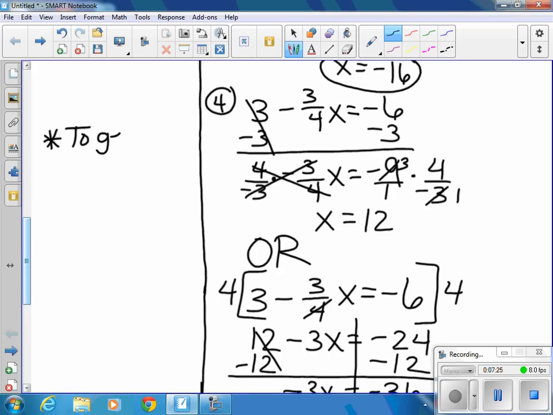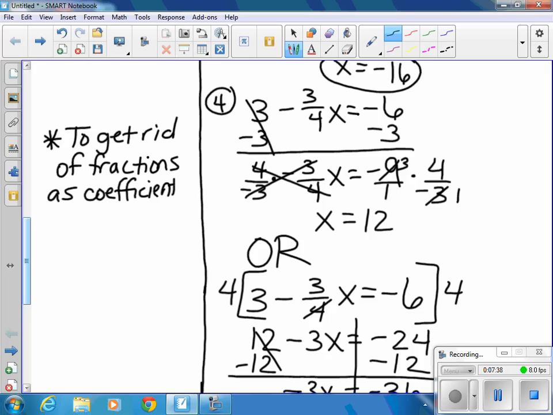To get rid of fractions as coefficients, because that's what they are. They are in front of those variables. You're going to multiply by the reciprocal. That's that first way I showed you.